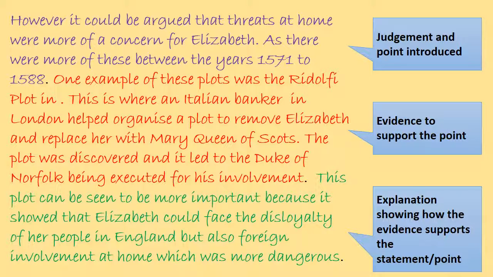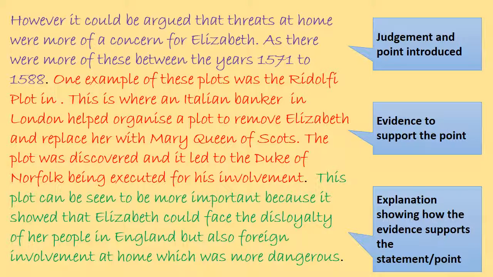If I wanted to, I could also talk about the role of Mary Queen of Scots and say it could be argued that she was more of a concern. A really good example is Mary Queen of Scots, giving details about her coming to England, being in prison, being executed after her involvement in the Babington plot, and saying that Mary Queen of Scots was a more significant home threat because she was a stimulus for lots of these plots against Elizabeth.